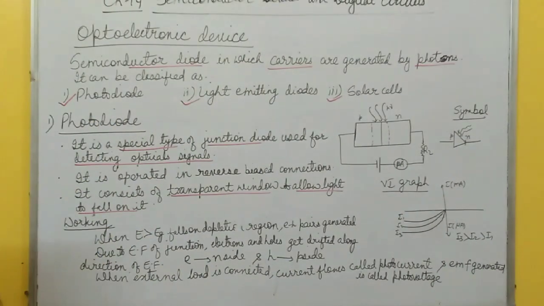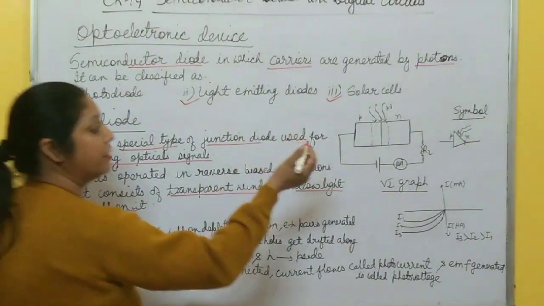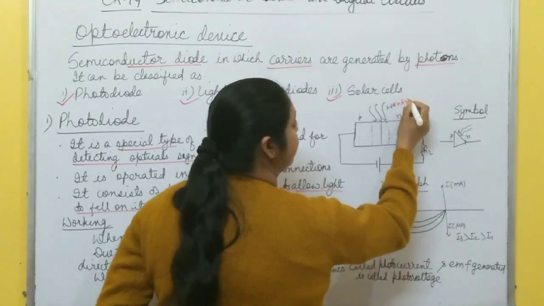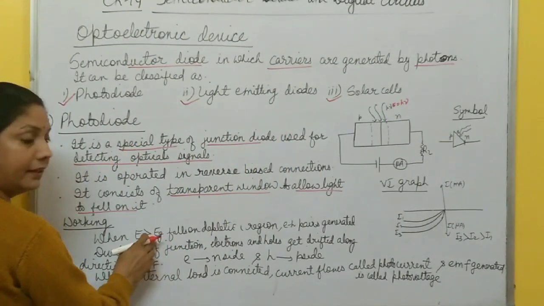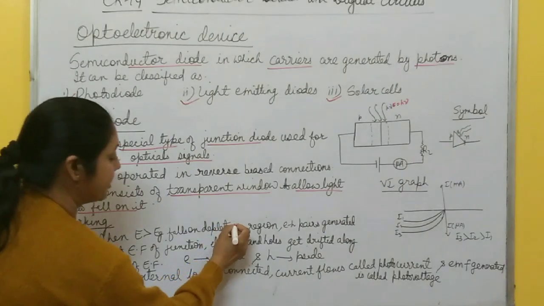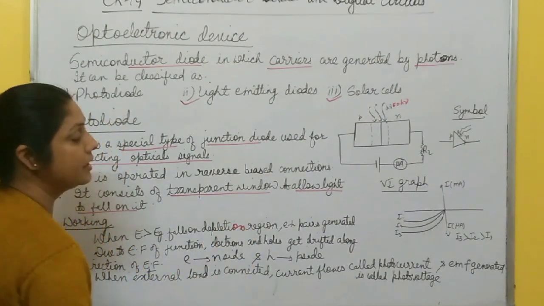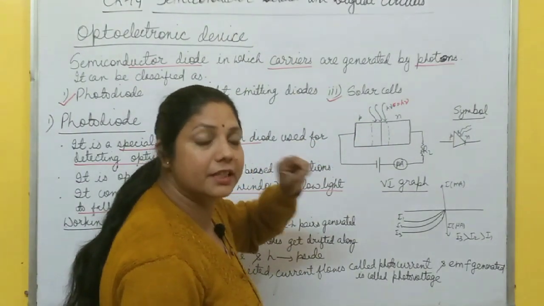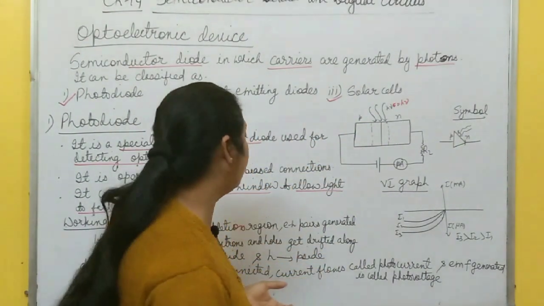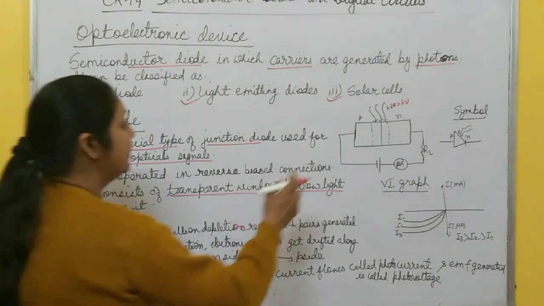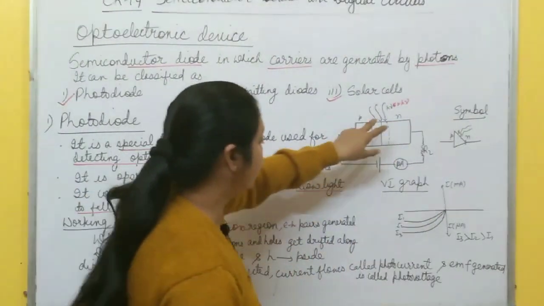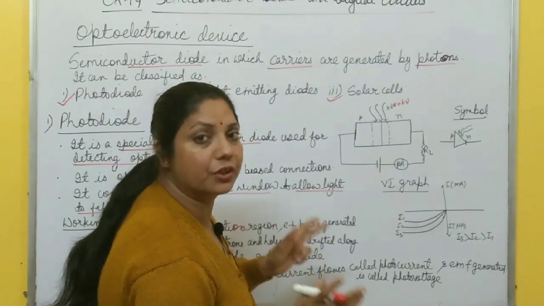Now how it works. When light of suitable frequency, with energy E equal to h nu greater than the band gap Eg, falls on the depletion region, then what happens? Near the depletion region, electron-hole pairs are generated due to the breaking of covalent bonds, and due to the electric field near the junction, these electrons and holes drift along the direction of the electric field.